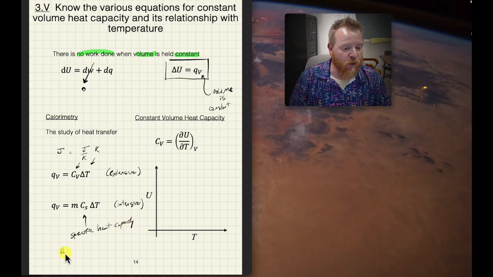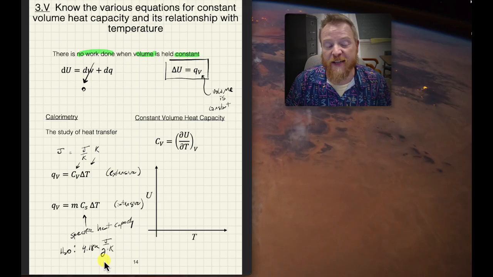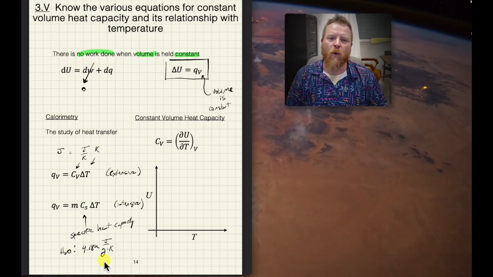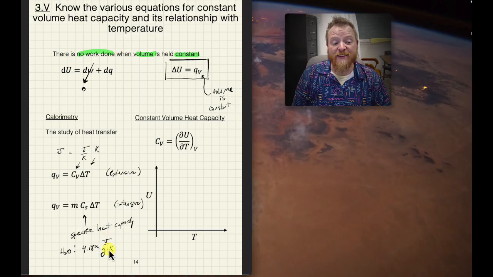For example, with water, the specific heat capacity is 4.184 joules per gram per degree C or Kelvin, right? One unit of Kelvin and one degree C is the same thing. That's intensive because now it's joules per gram.